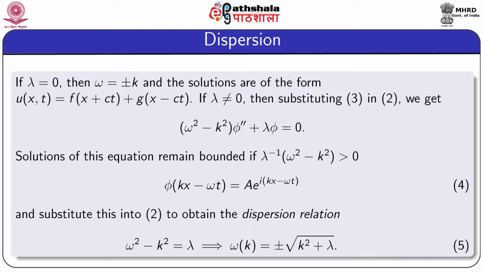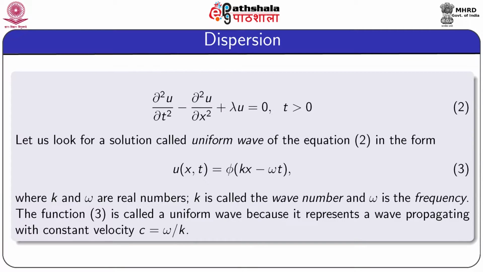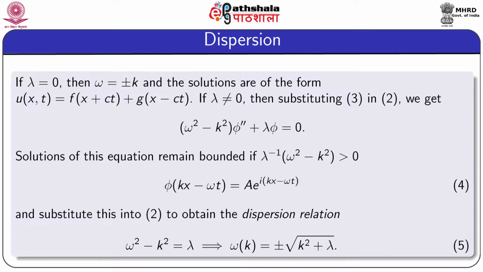Now, we substitute 4 in equation 2 and we obtain the relation ω² − k² = λ, or ω(k) = ±√(k² + λ), and this relation is called the dispersion relation. So, the dispersion relation gives us ω as a function of k, which is given in equation number 5.